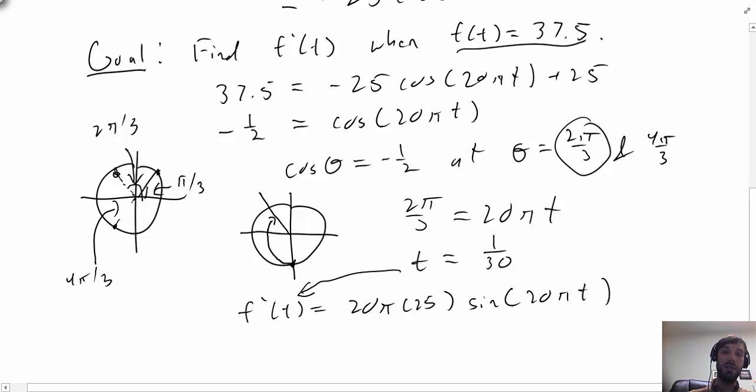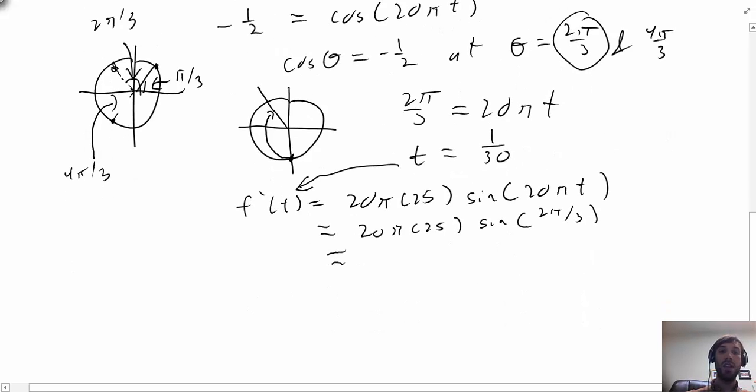When we do that, we get 20 pi times 25 times, and notice that this simplifies to sine of 2 pi over 3. And sine of 2 pi over 3 is root 3 over 2. So we end up getting root 3 times 250 pi. And the units for that would be centimeters per second.